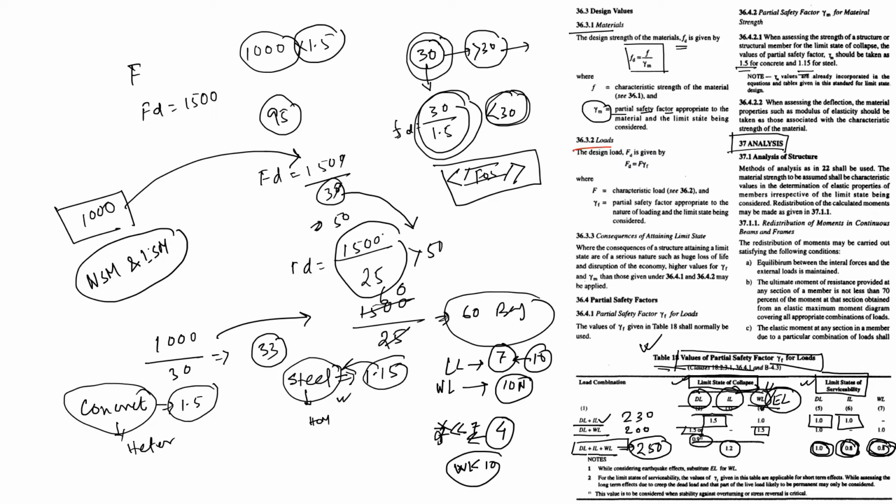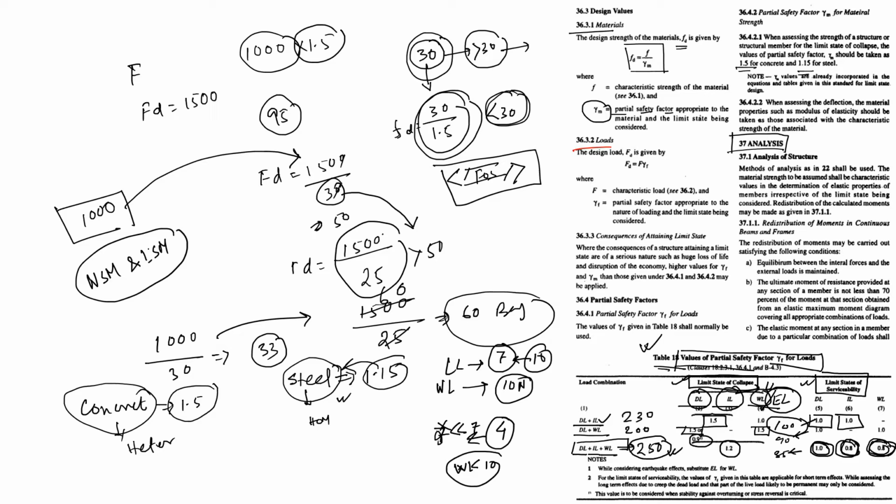So your limit state of collapse should be 250. And from these values, say it comes 100, this comes 90, and this comes 85. Then for limit state of serviceability, we take the maximum value, that's 100. So in this fashion, we take the highest value for designing the building. I hope that is clear. If not clear, do comment in the comment section. I will definitely get back to you.